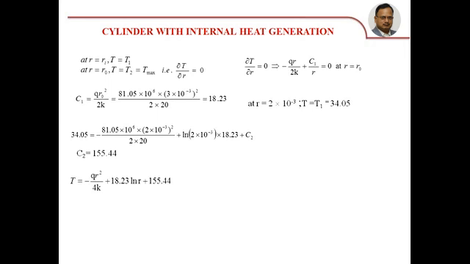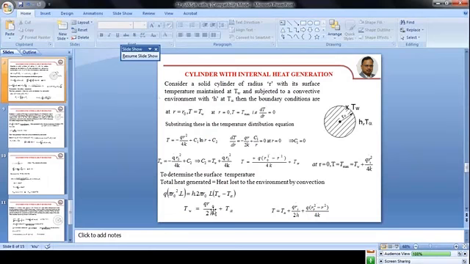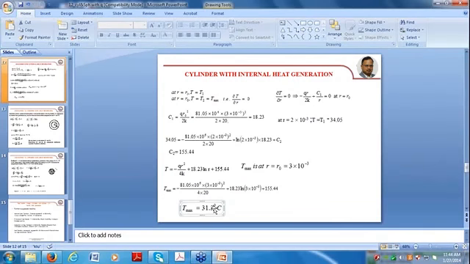By substituting r equal to r naught, that is 3 into 10 power minus 3, you are advised to work out the T maximum value. T maximum should be more than 34.05. So I think this is not correct.